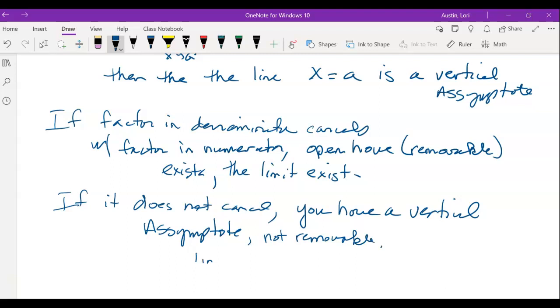And the limit is positive or negative infinity, or the limit does not exist. Okay?